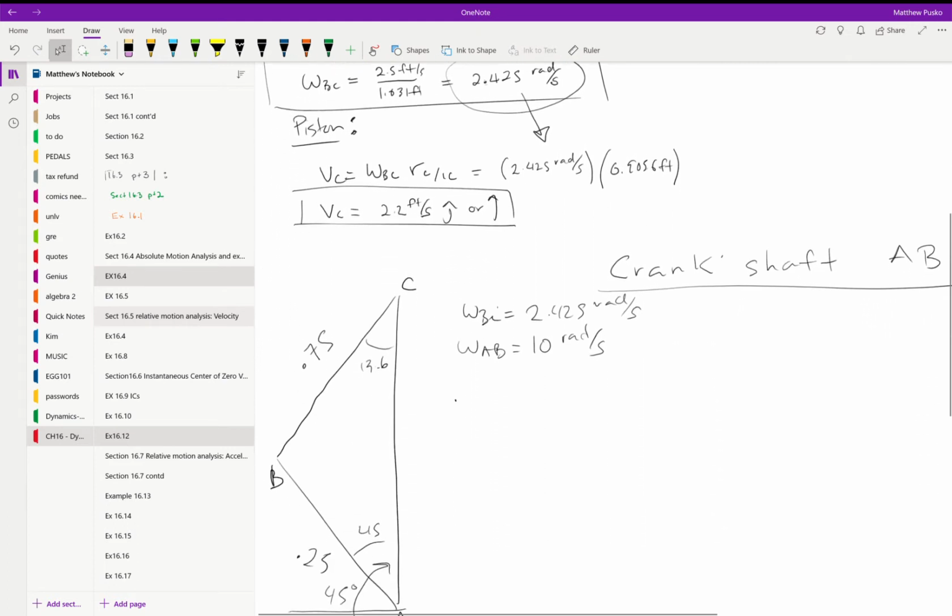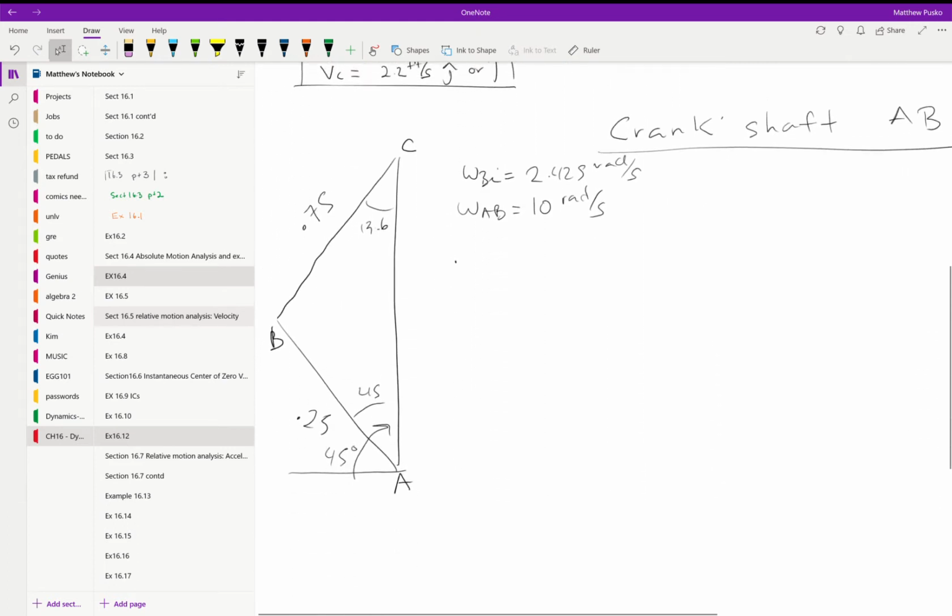Alright, the other piece of information we're going to need next is, let's make a position vector for B. So I went ahead and drew the triangle. It was 0.75 in this direction, 0.25. We had an angle of 45 degrees given to us here, meaning that this is 45.